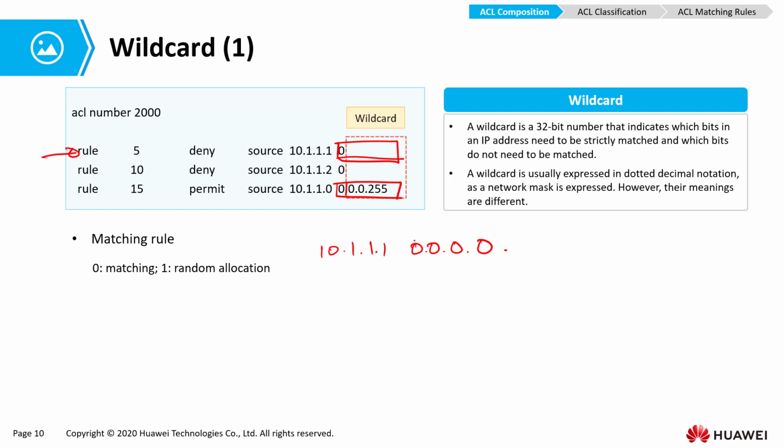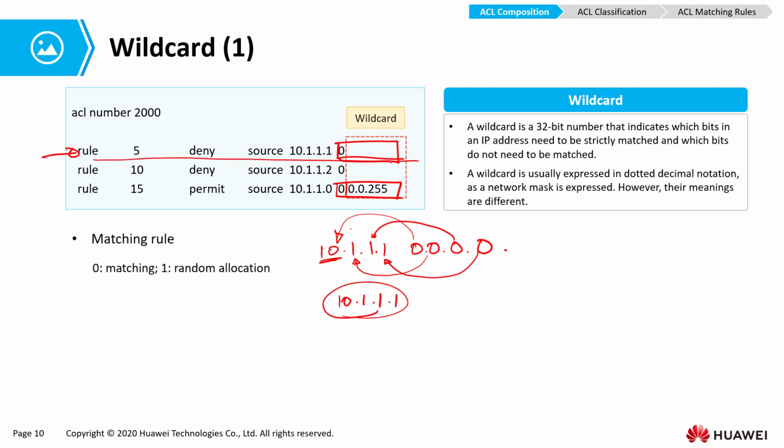A wildcard of 0 means that that octet is fully matched, so that one has to be 10, but this also has to be 1, and this has to be 1, and this has to be 1. What this means is that this particular rule is going to match only traffic from this particular source IP address. It is just an individual IP address.